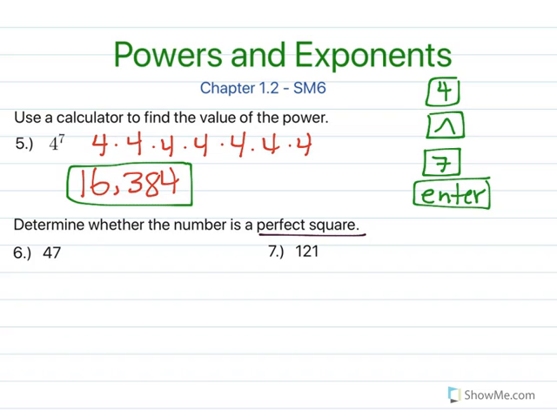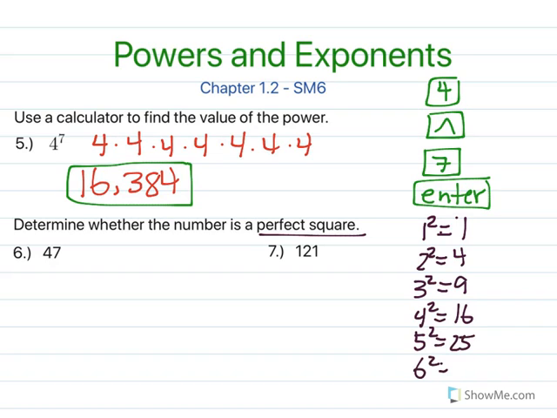Perfect squares would be if I have 1 squared, that's 1. 2 squared, that's 4. 3 squared is 9. 4 squared is 16. 5 squared is 25. 6 squared is 36.